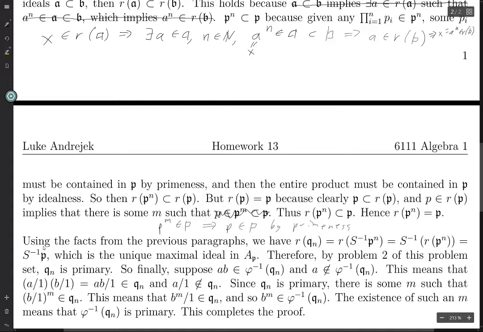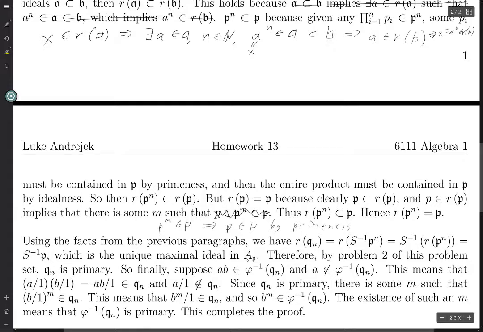We also know that S inverse P is the unique maximal ideal in this localized ring because this is a local ring. We know that if you localize at a prime ideal you get a local ring, and the unique maximal ideal is given by S inverse P, where P is the prime ideal you localize at.